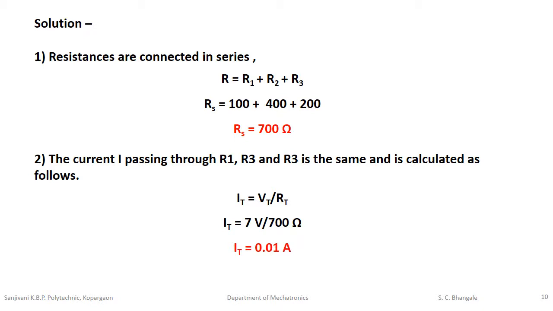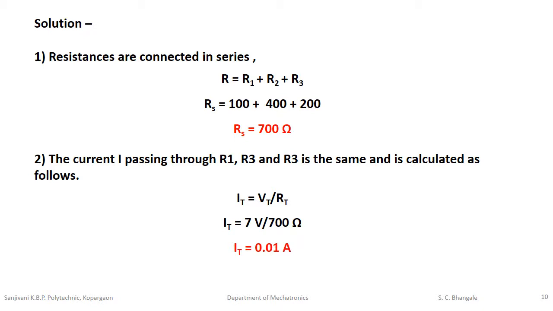Now we will calculate the total current flowing through the circuit for the voltage rating of 7 volt. The current I passing through R1, R2 and R3 is the same, and it is calculated as follows. The formula for current is IT equals VT by RT.